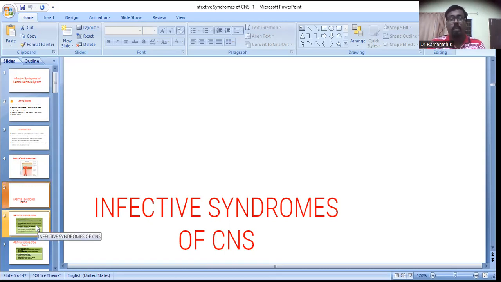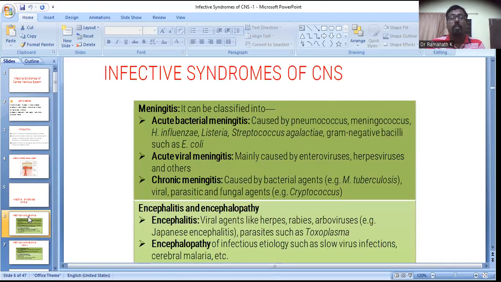So usually by keeping the shunt from brain to other organs, it can also get infected. So first and foremost thing is meningitis.